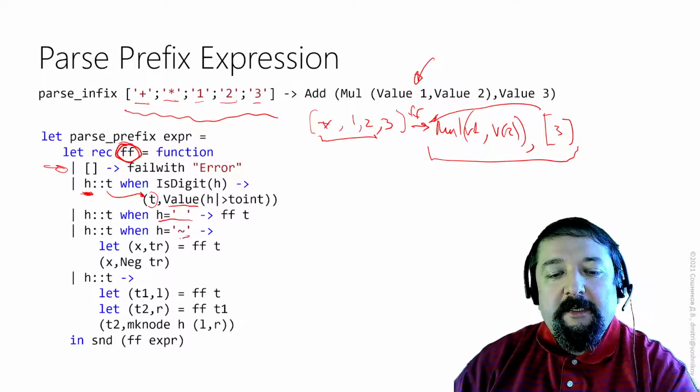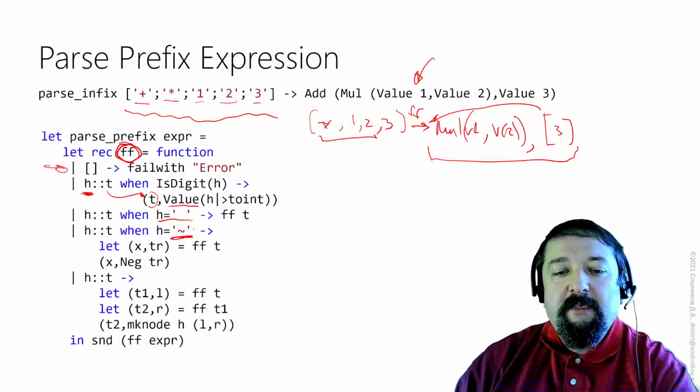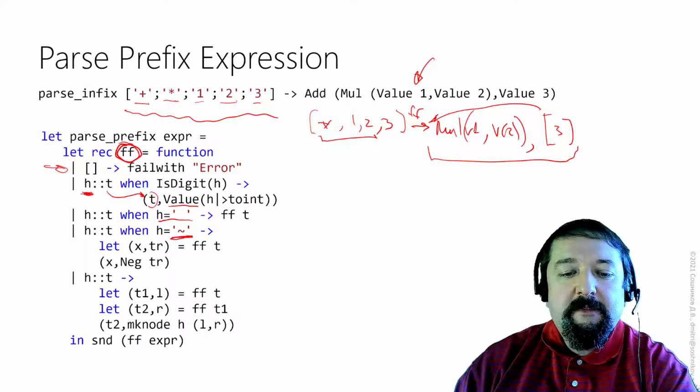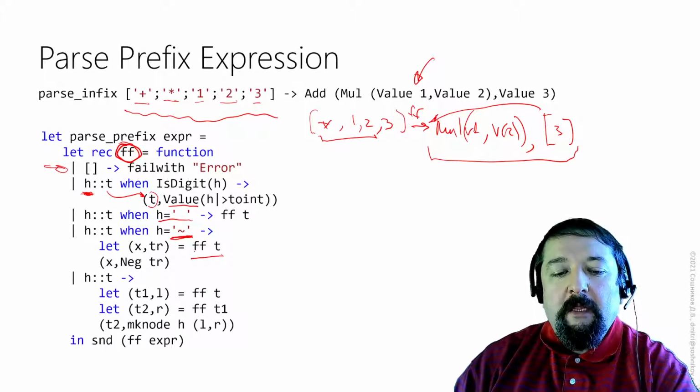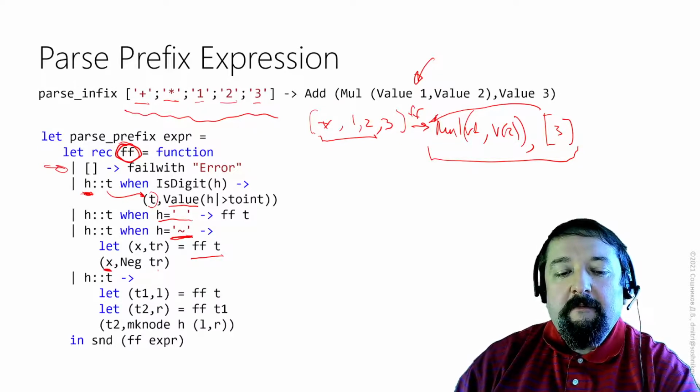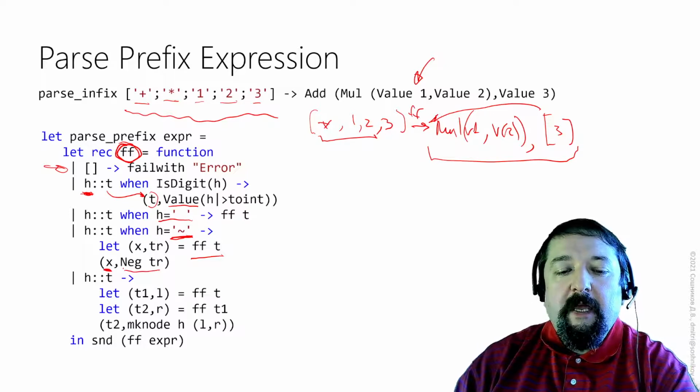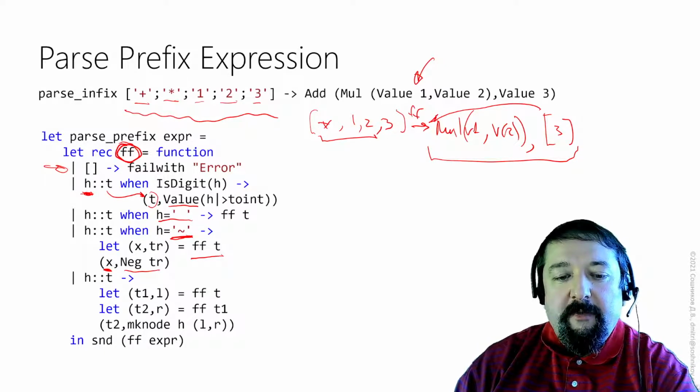If the element is the unary minus, and as I mentioned, for simplicity, we use a different notation for unary minus, in this case we parse the remaining tree, t, and we return the result of parsing and the negated tree. So we will add the neg operator to the parsed subtree.